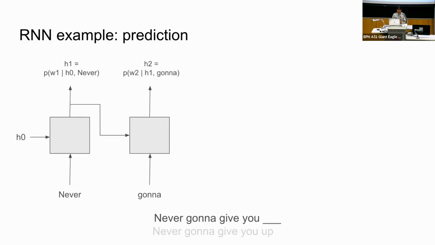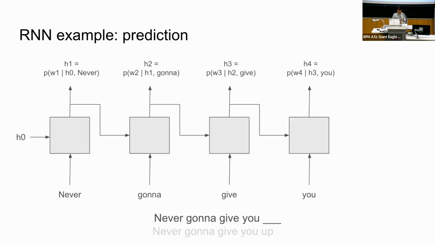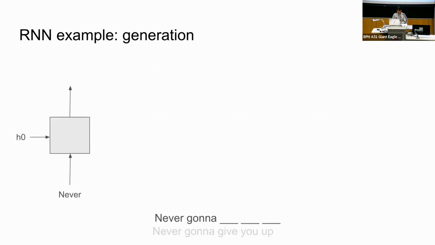Then it gives you the probability distribution, and so on until you get to what you wanted to predict. The model has some idea of what it saw even in the first word, and it's going to use H4 and the word you to predict what the last word was, which in this case would be up.